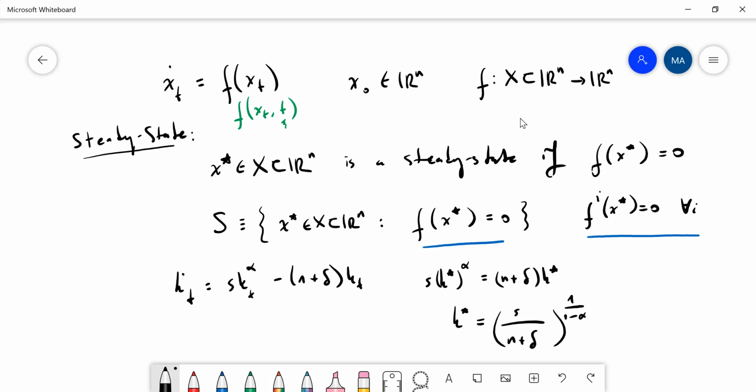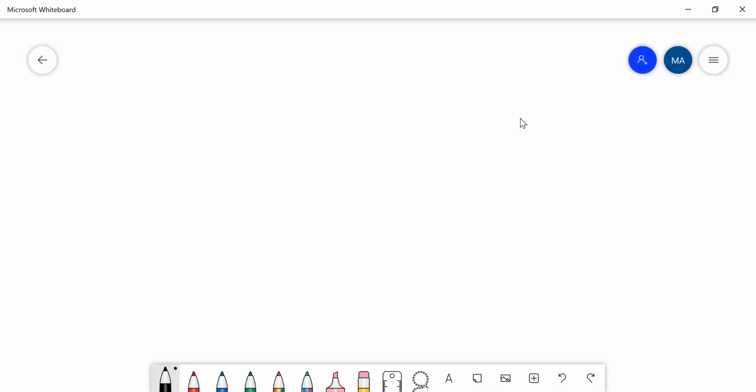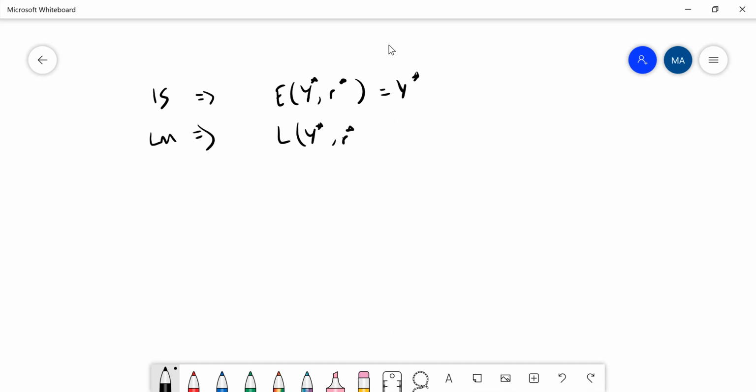In the IS-LM model, you have the IS equation, right? The IS equation is E(Y, R) equals Y, and you have the LM equation where liquidity demand equals money supply.